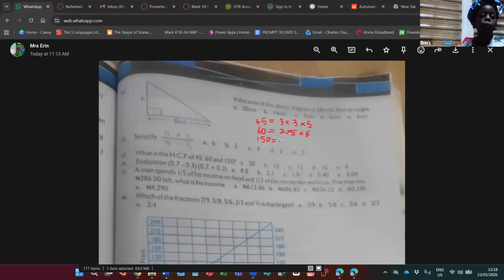What is 60? 60 is 10 times 6. Break down that 10: 10 is 2 times 5. Then don't forget the 6, times 6.